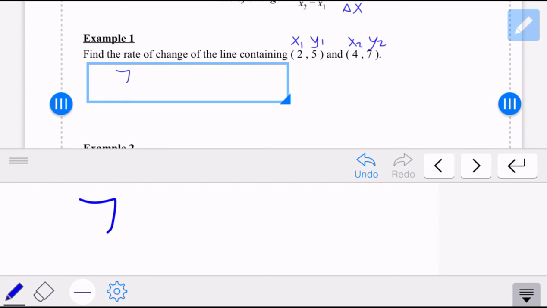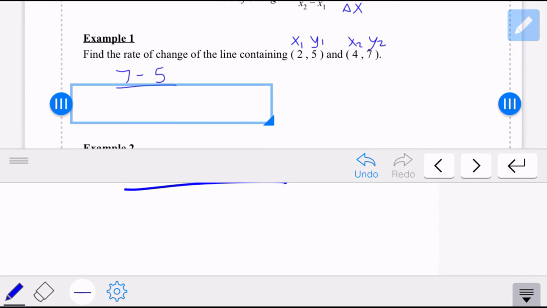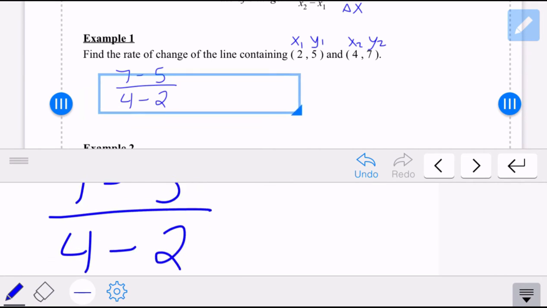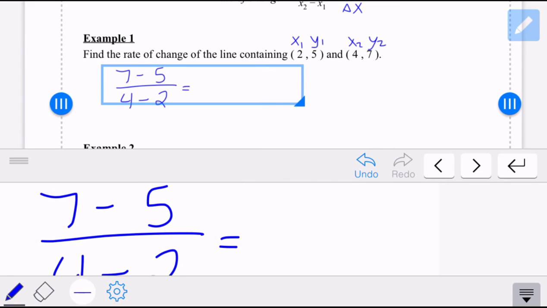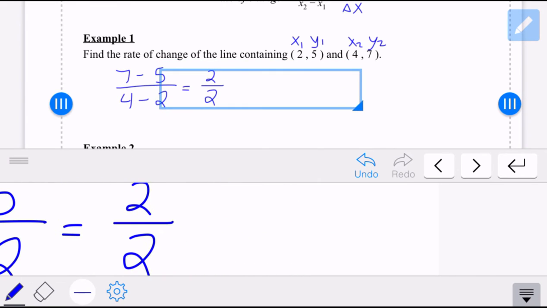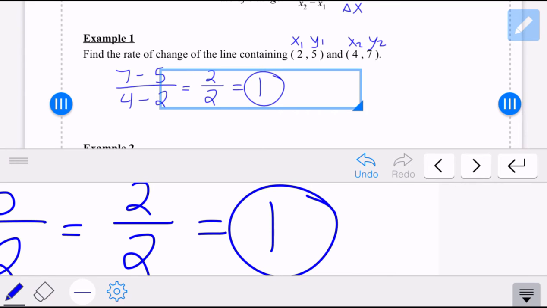So my y2 is 7, minus y1 is 5, okay, over x2, which is 4, minus x1, which is 2. And then I just need to simplify. So 7 minus 5 gives me 2. 4 minus 2 also gives me 2. So now I have 2 over 2. Well, 2 divided by 2 is just 1. So that simplifies to 1, and that's your rate of change.